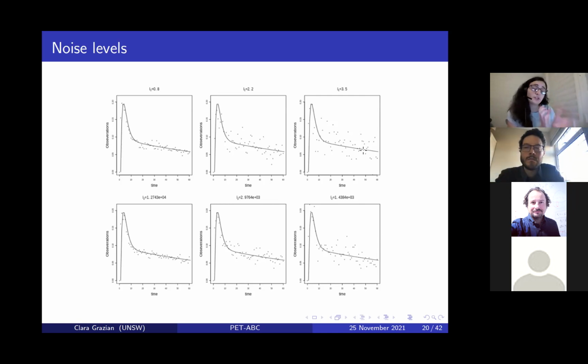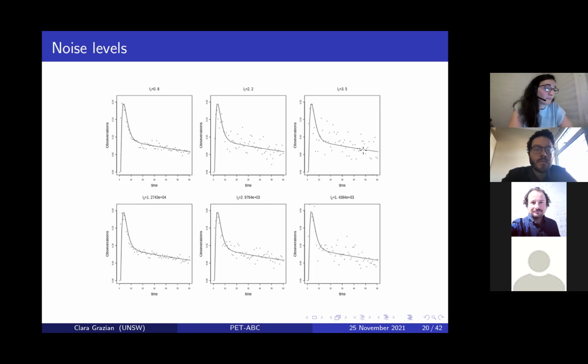The choice of the tolerance level in the ABC algorithm was defined in a trial and error perspective. So the tolerance level was decreased until the posterior distributions for the parameters were stable for several values of the tolerance level, until the value of the tolerance level was so small that the approximation was too poor to be considered a good approximation.